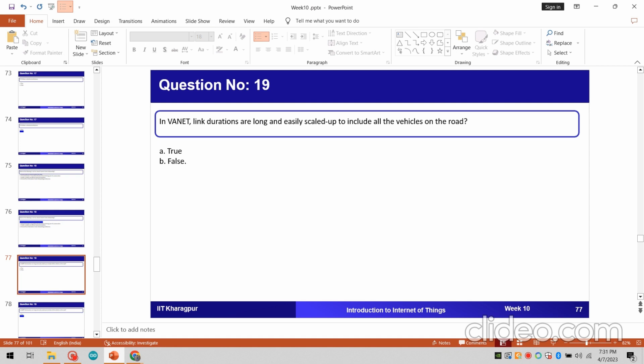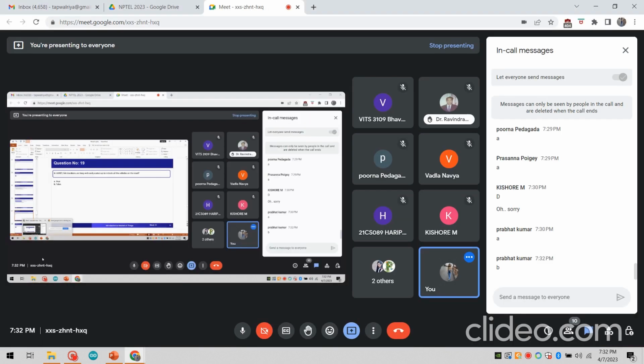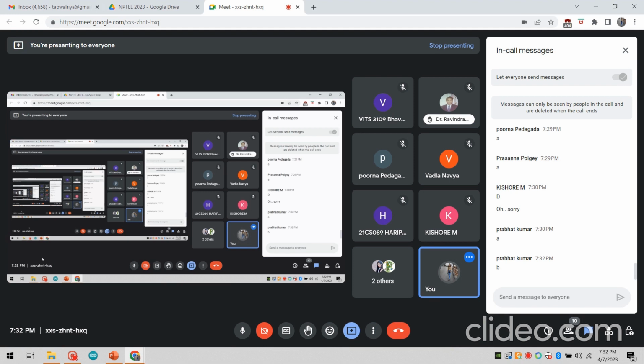In VANETs, link durations are long and easily scaled up to include all the vehicles on the road. Is this statement true or false? B. False. Anyone else?